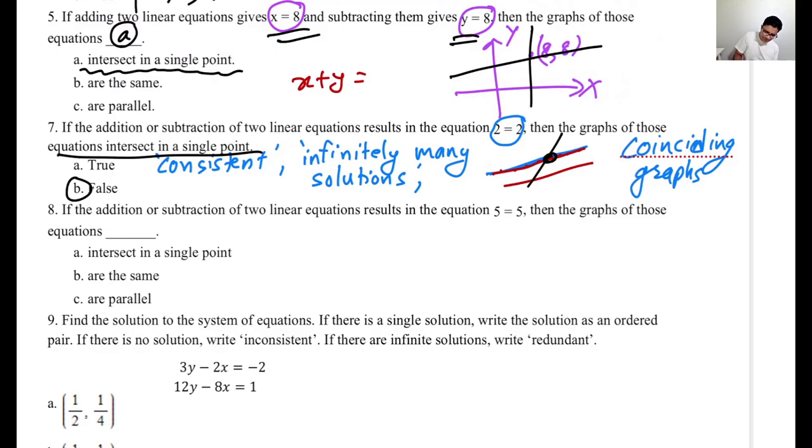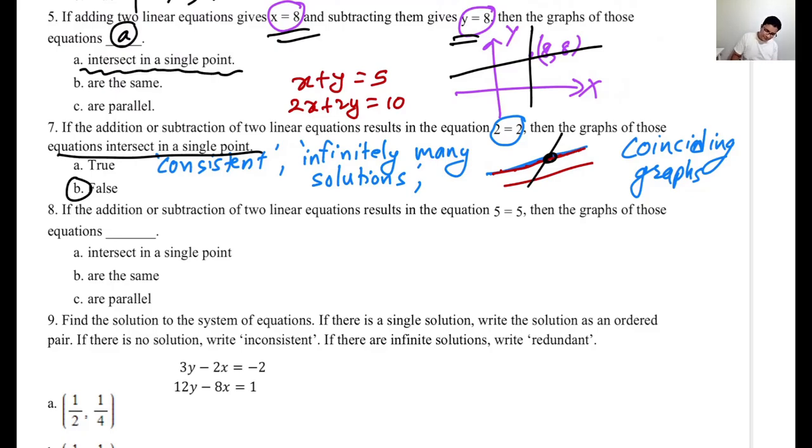Suppose you had x plus y equals 5 and x plus y equals 5. A very simple example. Okay. Two equations apparently, or oftentimes you will not see the same. You will see 2x plus 2y equals 10, say. Now, looks like they are different. But if you look at the second equation and divide both sides by 2, you will get x plus y equals 5, the same equation, right?